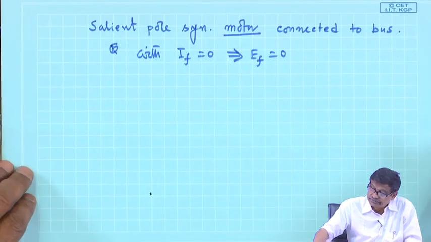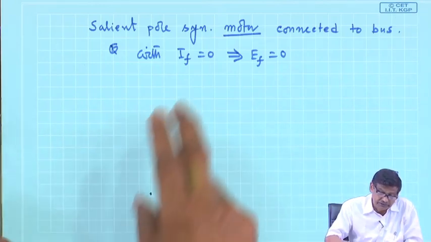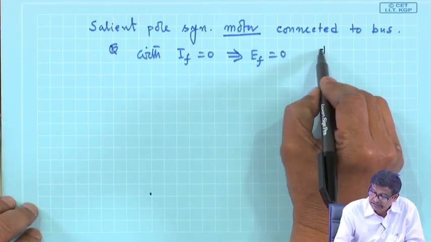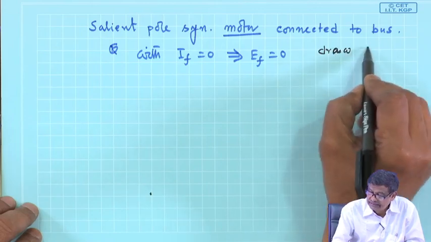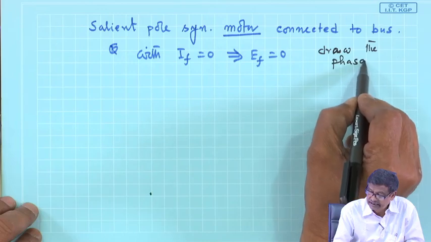So, this is the situation. Now, in this case, salient pole synchronous motor connected to bus with field current equal to 0, I have to draw the phasor diagram. So, what is the thing? Draw the phasor diagram.